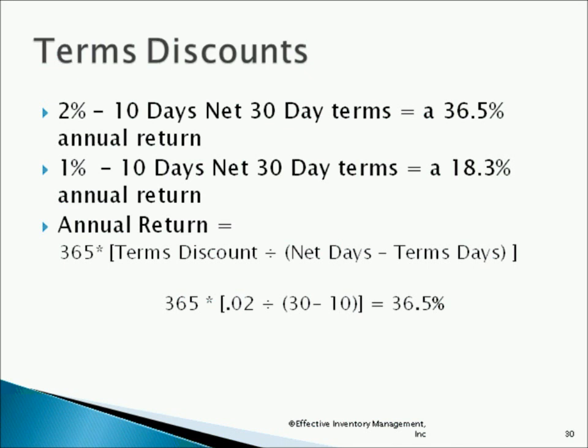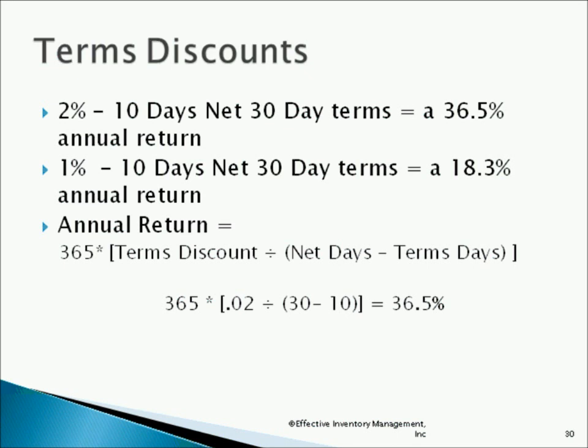You're getting a 1% discount off of the value of the invoice if you pay in 10 days rather than 30 days. If you give the vendor money for 20 days, he's going to give you a 1% discount. 1% over 20 days.